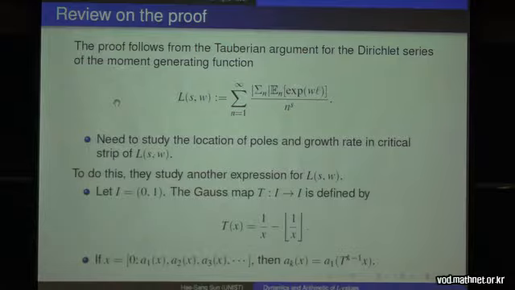So basically, I will explain this one in more detail later. But basically, Tauberian argument means this. If you have this kind of Dirichlet series, let me explain in a very rough way. If it has a simple pole at s equals sigma, then the sum of a_n up to x is asymptotic to the residue at sigma.